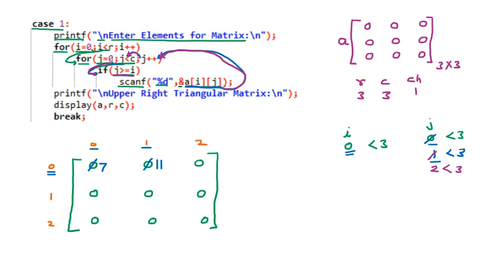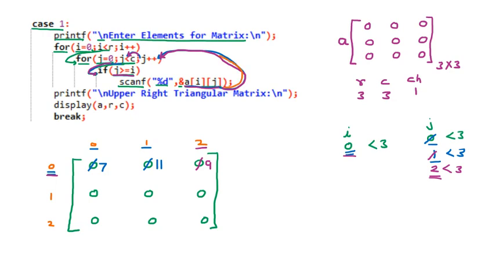So 2 is greater than or equal to 0. That is true. So again asking for the input. So here at 0,2 we are taking another input, suppose 9. The user has entered 9, so the old value is replaced.